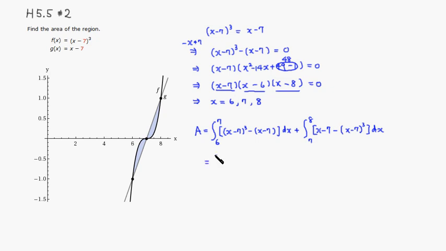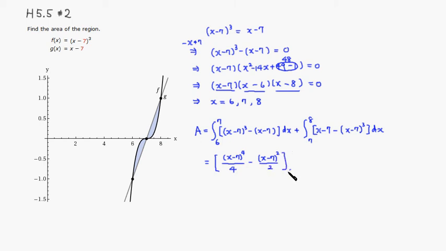The antiderivative of (x - 7) cubed is (x - 7) to the 4th over 4, minus the antiderivative of (x - 7), which is the quantity (x - 7) squared over 2.